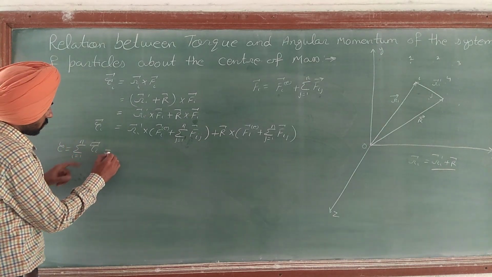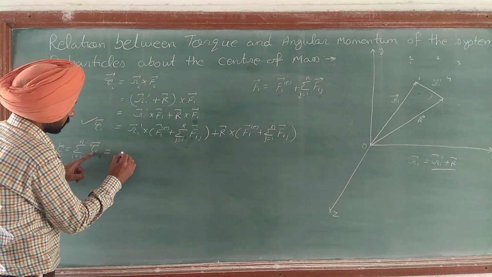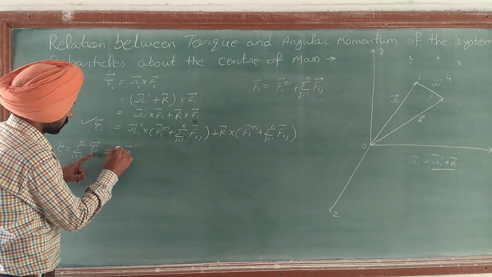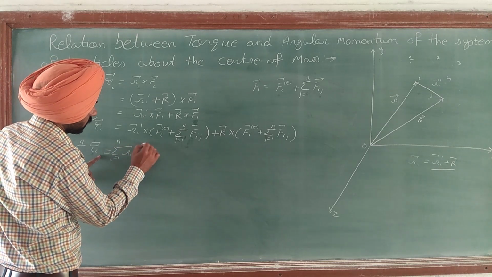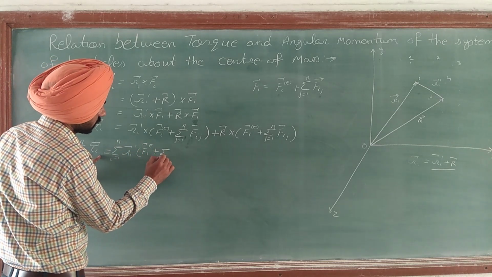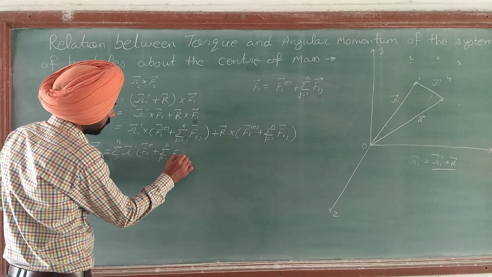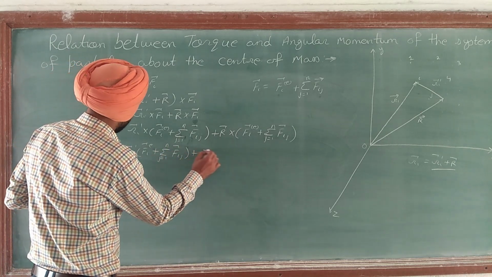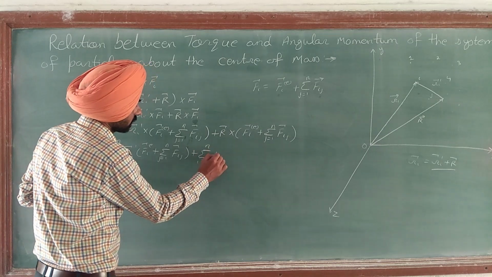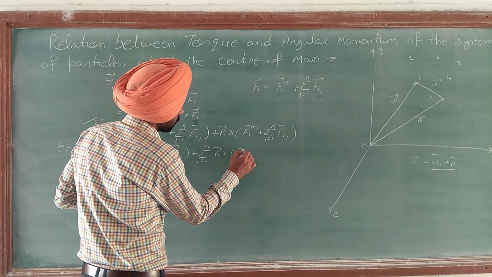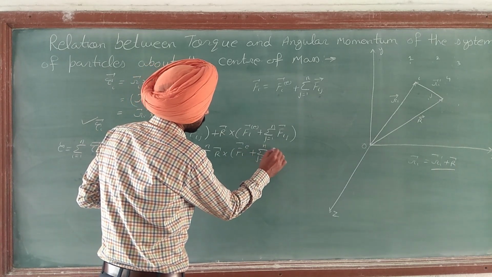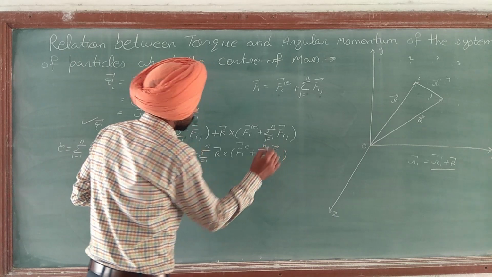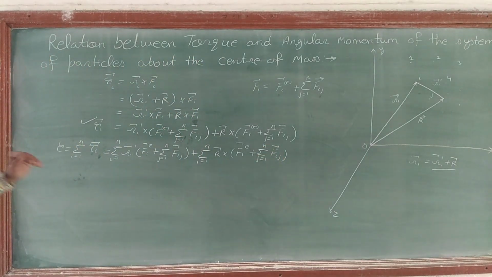So tau i, from this equation, we can substitute: summation i equal to 1 to n ri prime cross Fi external plus summation j equal to 1 to n Fij, plus summation i equal to 1 to n R cross Fi external plus summation j equal to 1 to n Fij. Okay, so now we will rearrange this equation.